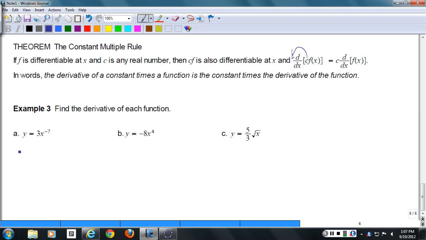dy dx equals, let's say it like this, d dx of 3x to the negative 7, using the constant multiple rule. The 3 comes outside, so it's 3 times d dx of x to the negative 7.